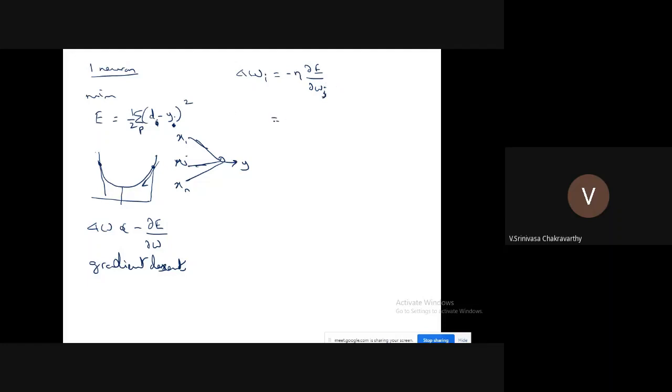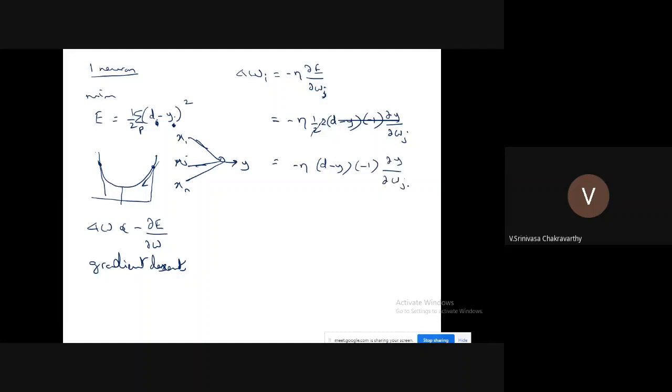I get it's equal to minus eta times d minus y times minus 1 times dou y by dou wj. Okay, so actually half times, and you also have one more 2 here. So 2 and 2 get cancelled. So you get minus eta d minus y minus 1 dou y by dou wj.